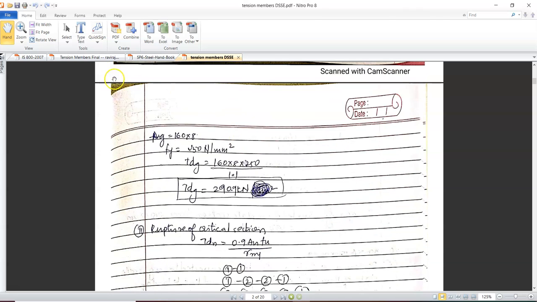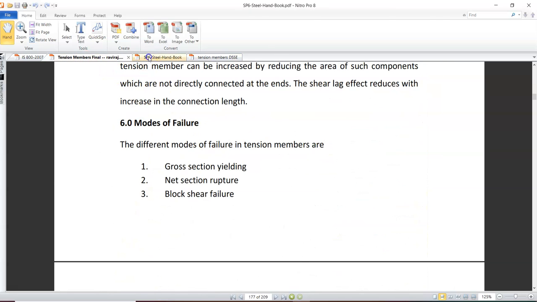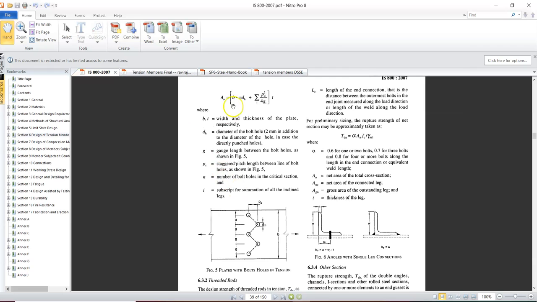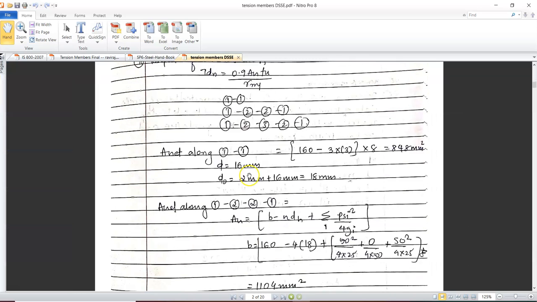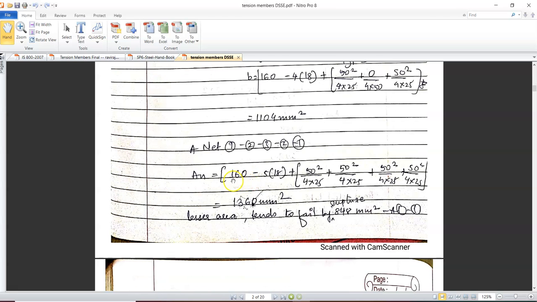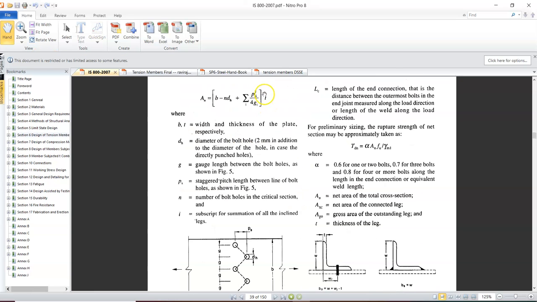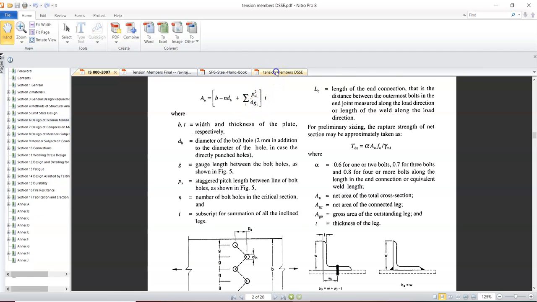Now applying the same formula, that is 160 minus 5 bolt holes into 18, plus pitch distance square divided by 4 times the gauge distance.